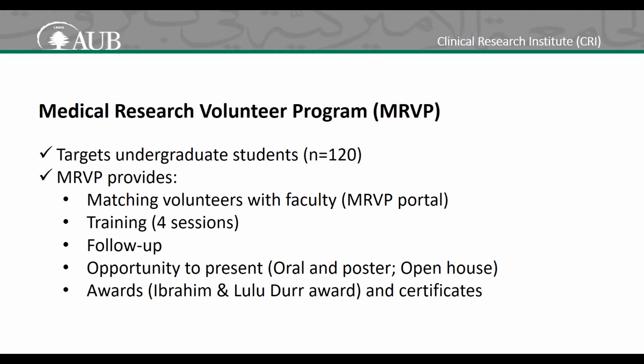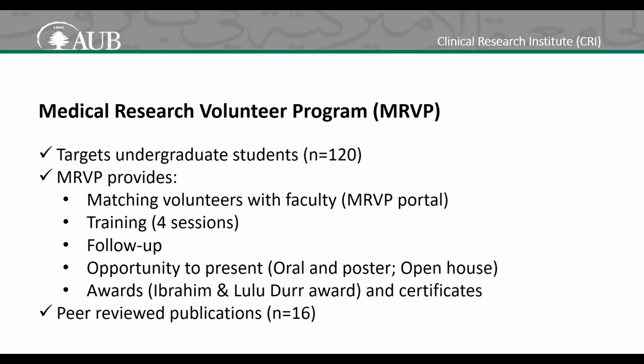We do follow up with them to make sure they are satisfied and that things are progressing well. And in some cases, we have to change their placement to make sure they are getting the experience they are expecting. Again, there is an opportunity to present and to receive awards at the end of the year. So far, these undergraduate students have published 16 papers.